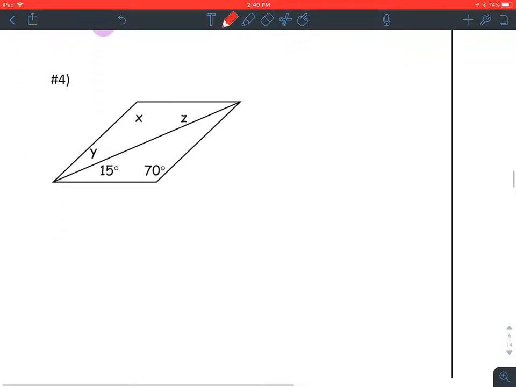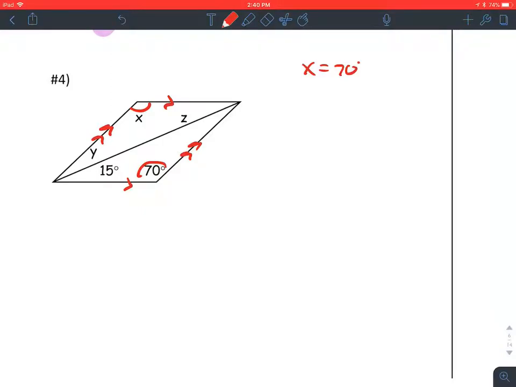Moving forward. Number 4. Once again, the direction said these are parallelograms. So I'm going to mark my picture as being so. X is easy because x and 70 are opposite angles. They're going to be congruent. Mark it on my picture, write down my answer.